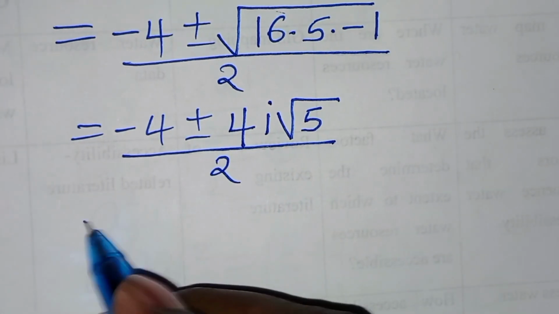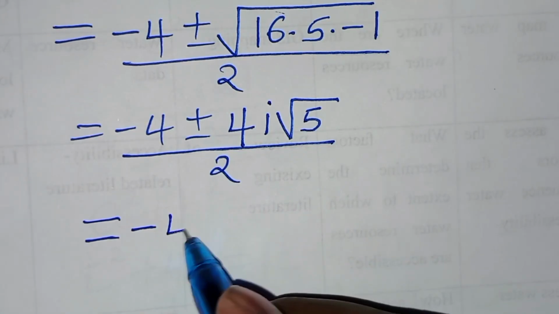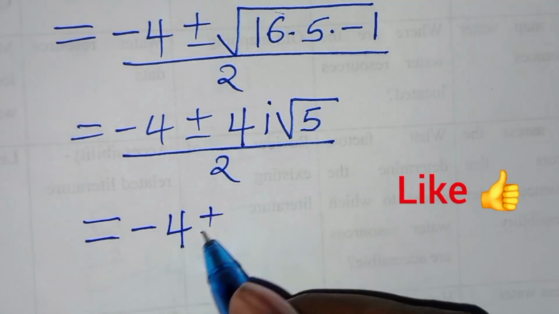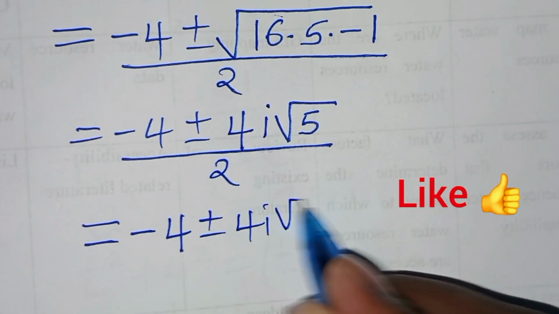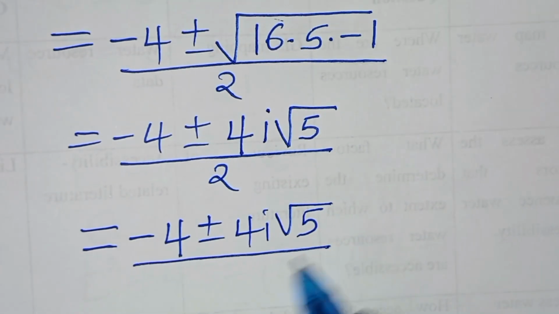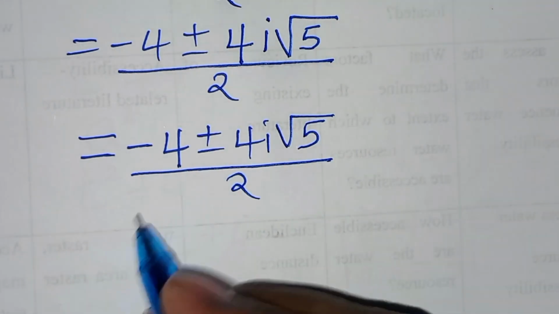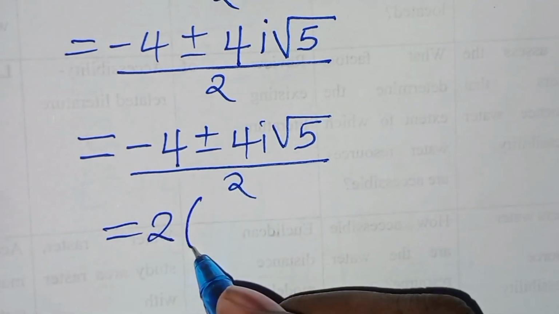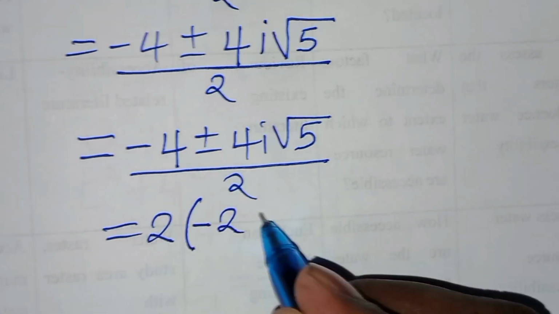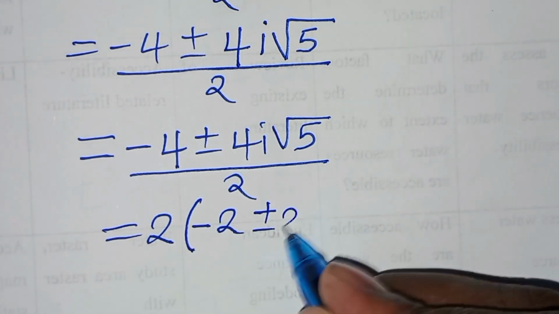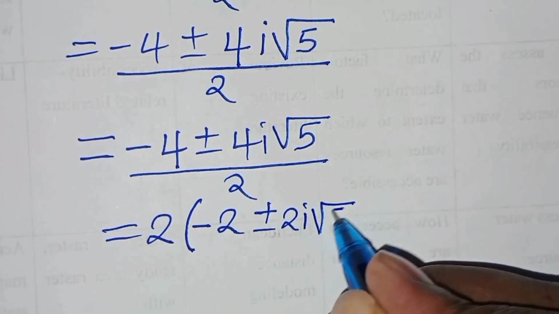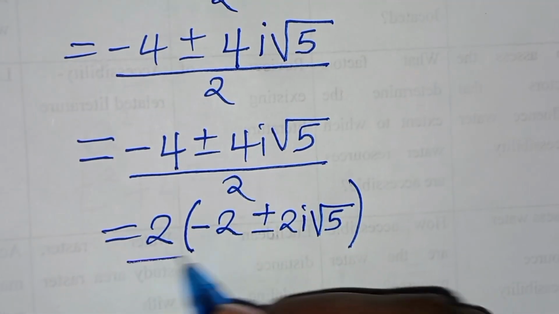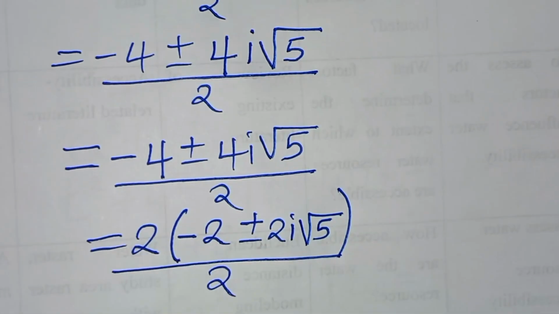So this implies that here we have minus 4 plus or minus 4i square root of 5 divided by 2. So from here we can factor out 2, so this is the same thing as 2 into the parentheses minus 2 plus or minus 2i square root of 5 divided by 2.